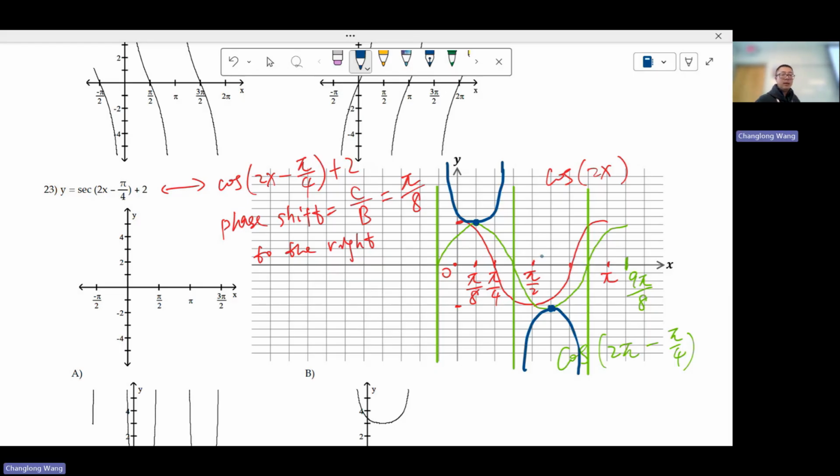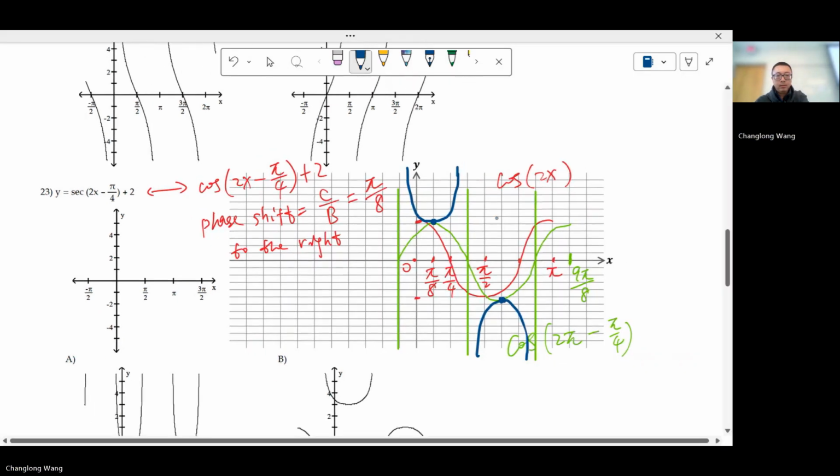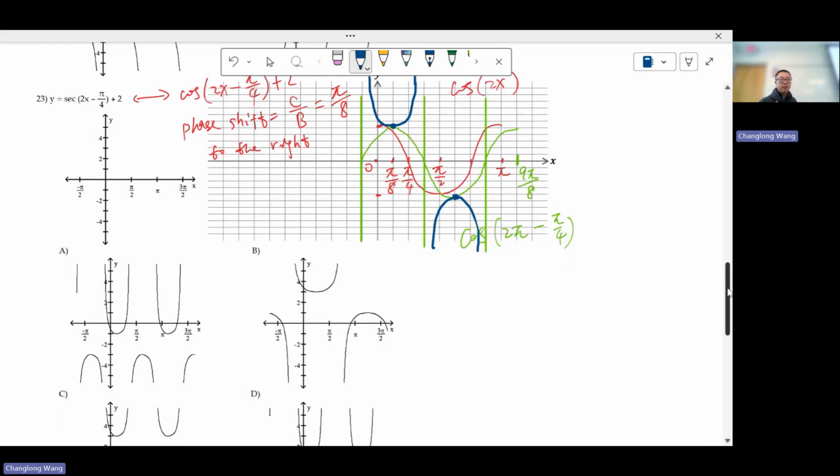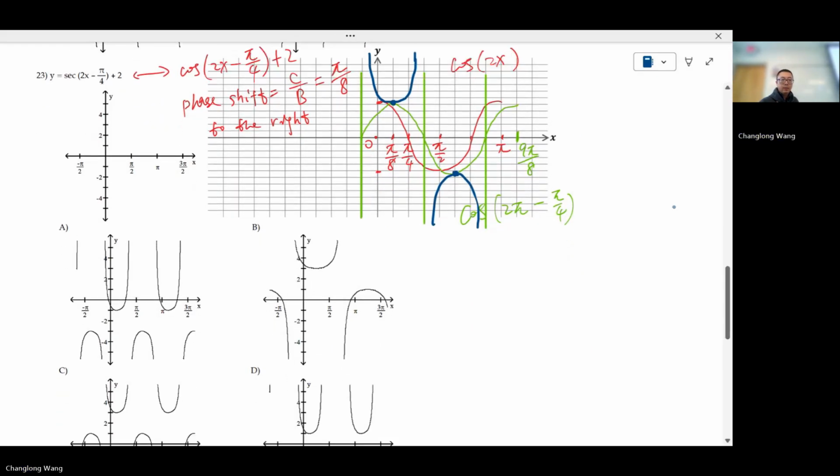But there's something that hasn't been done, right? The vertical shift. Well, you just have to push the graph up by 2 units. But is that good enough for you to pick an option if you don't have to graph it by hand? All right, so now definitely not A, right?